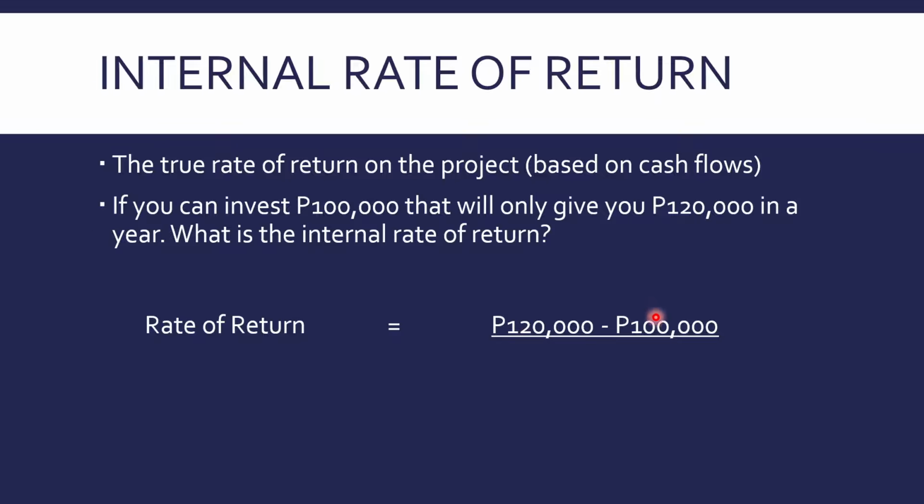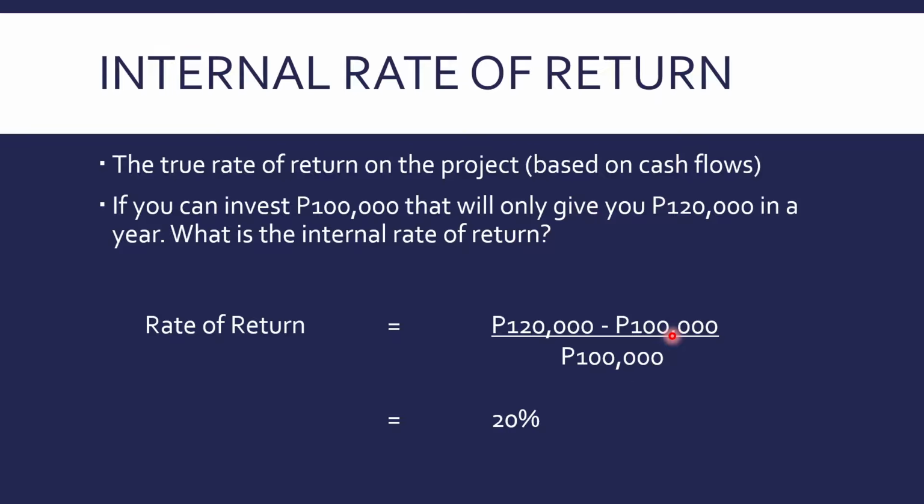120K minus 100,000, that's a profit of 20,000 divided by the 100,000. So you have an excess cash flow. Hindi pala profit, no? Excess cash flow of 20K divided by 100K, the net investment. The rate of return is 20%. You call this the internal rate of return. Okay? So, ang gagawin nyo, kunin nyo yung cash outflow sa year 0.